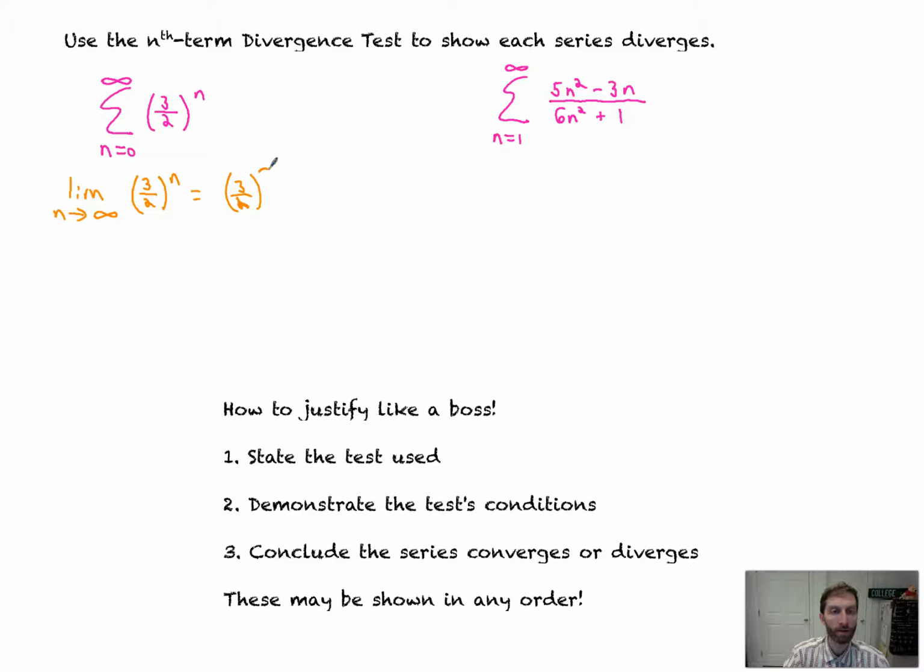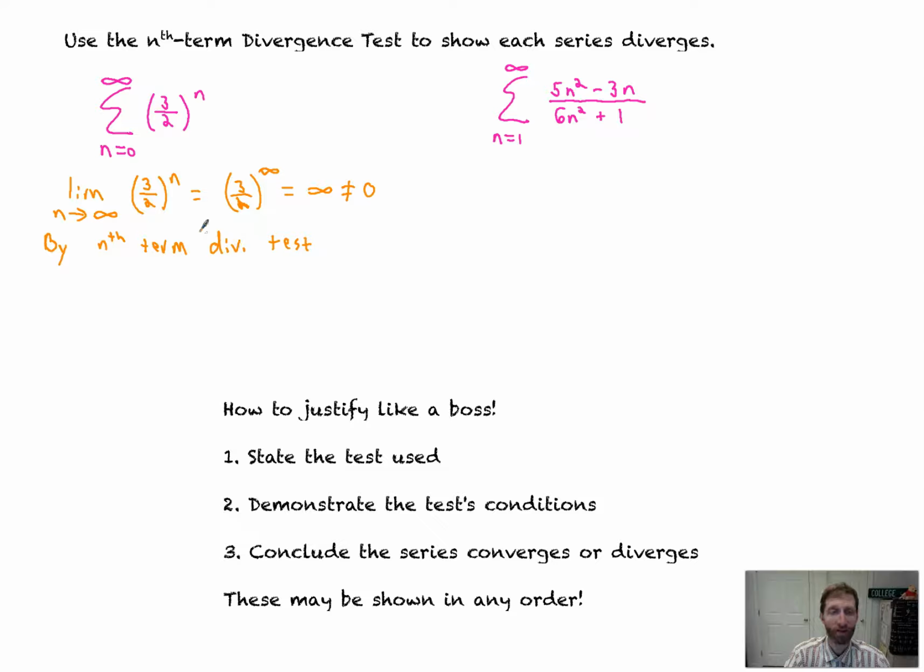You can't really plug in infinity, but this is equal to infinity. So that doesn't equal 0. This limit doesn't even exist. You could also say the limit does not exist. What we would say to justify this formally is by the nth term divergence test, this series diverges. So I'm going to write that out: by nth term divergence test. You wouldn't abbreviate on a test, of course.